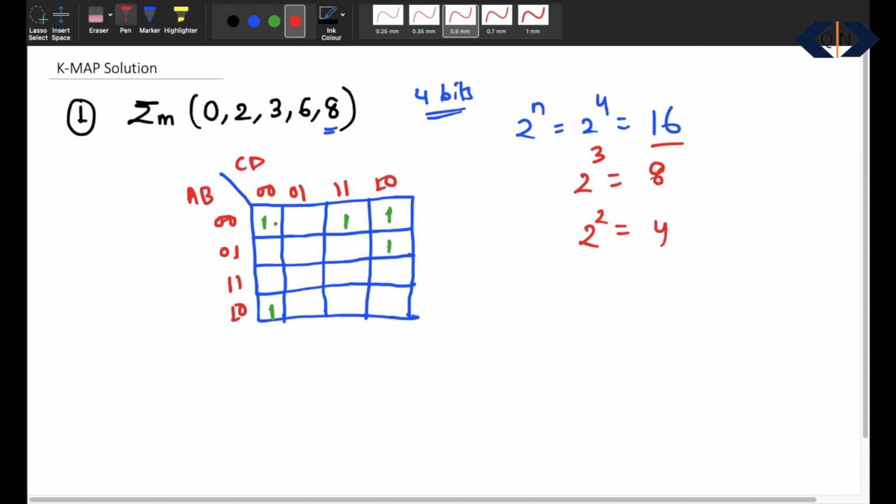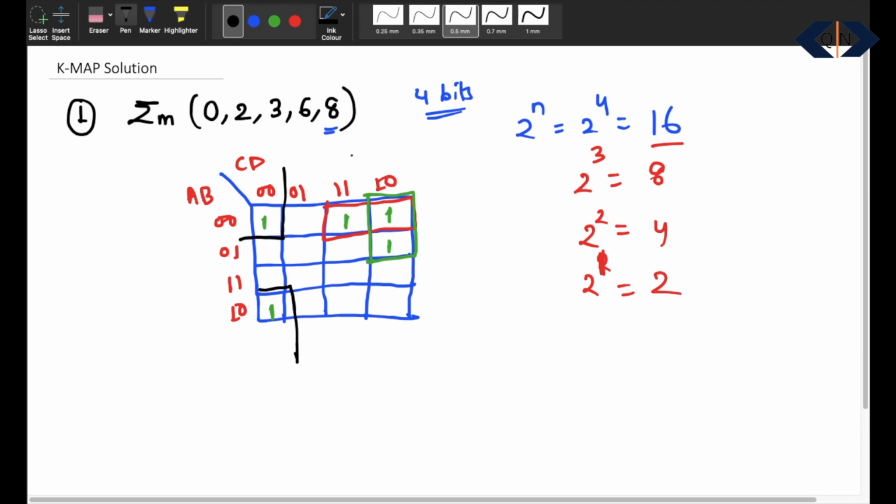Do you see any group of 4? I can't see. Now let's look for groups of 2. Definitely we can see this is the first group, and we can see another group here, and one more group which is after folding, this one and this one.